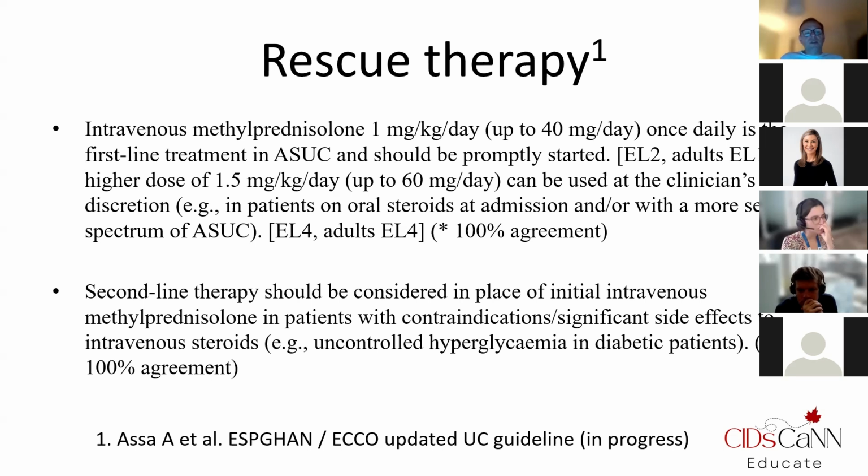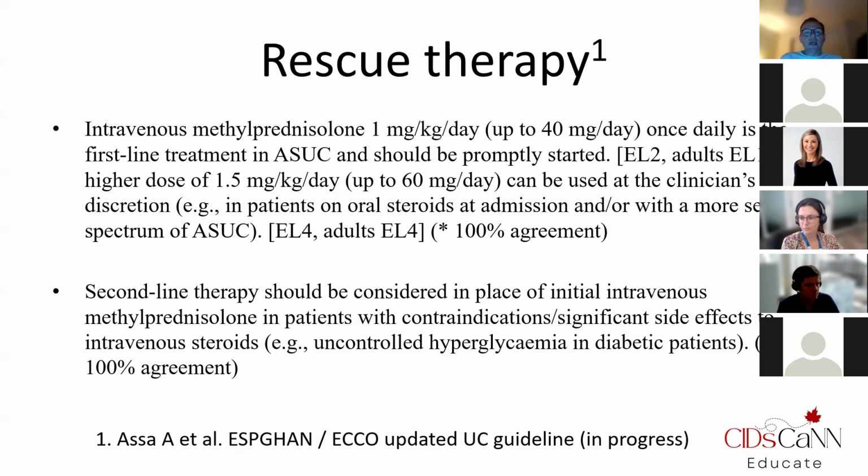So we tried to look at and generate evidence with that in mind, but we couldn't really find any, it's fair to say. So we came up with this kind of cop-out statement of second-line therapy should only be used if you have a contraindication to steroids, which was not really what we were aiming for.